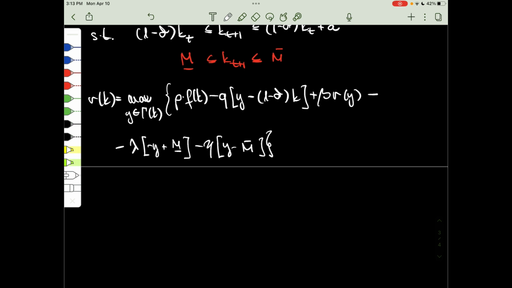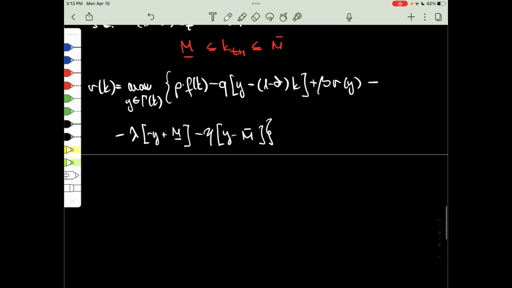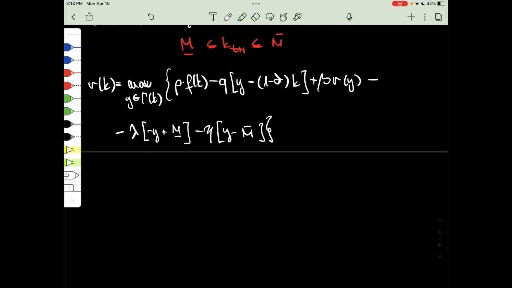So the optimum capital stock for the next period is going to be between the boundaries, and in such a case none of the boundaries are active. So in such a case the optimum solution can be found by the first order condition only.